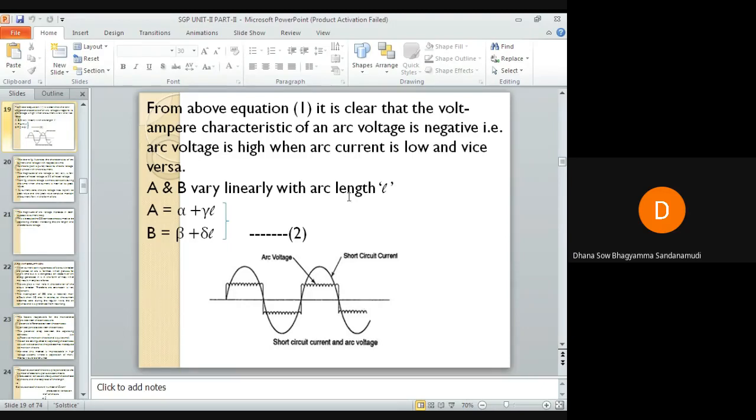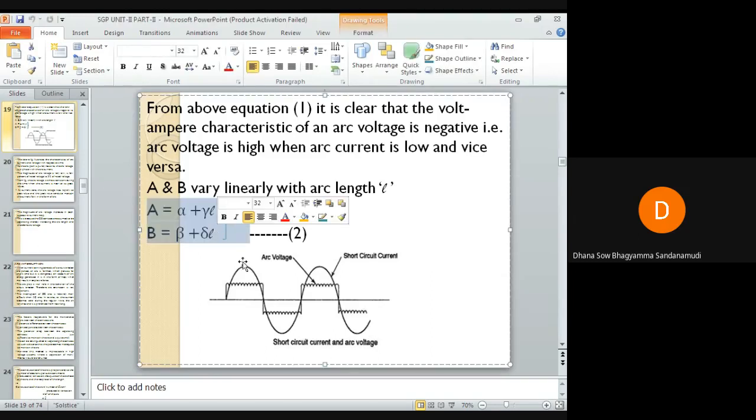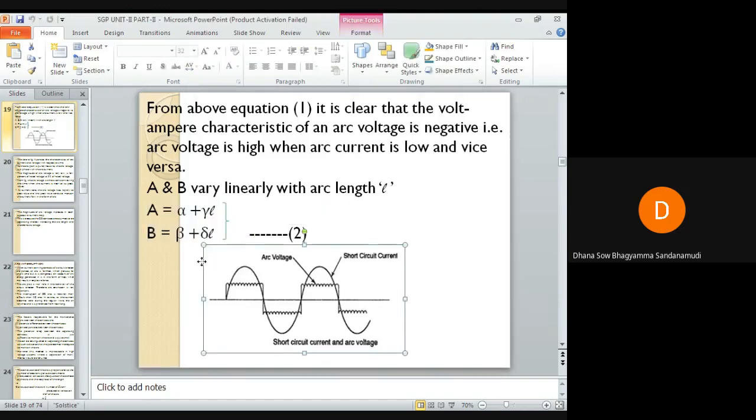The constants A and B are expressed by these expressions in terms of some constant values. Of course, we are not going to use them anywhere to determine any values.